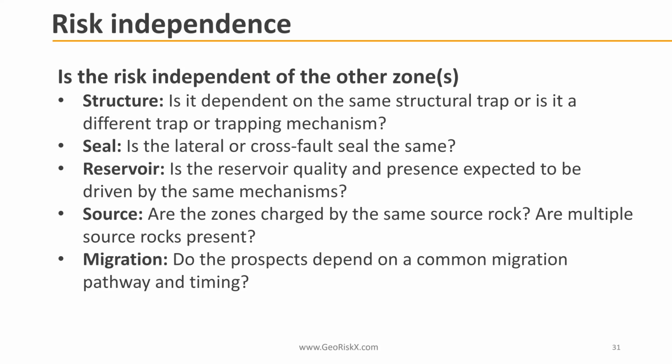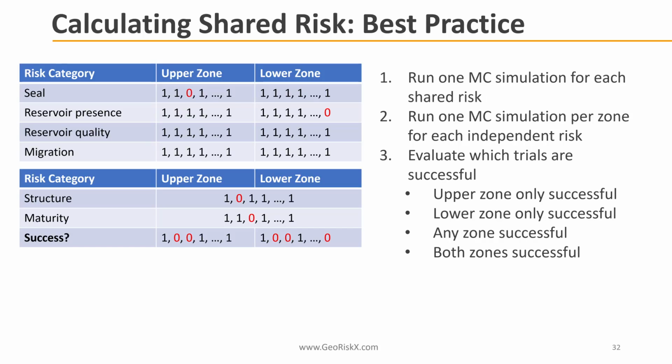You can get to an okay mean answer there, but it's going to break down as soon as you move away from the P50 or the mean. The real way that we want to do this is through a Monte Carlo simulation.